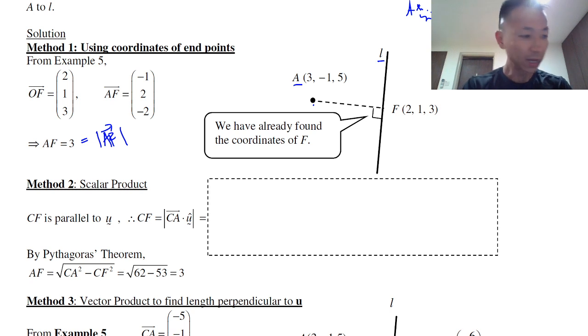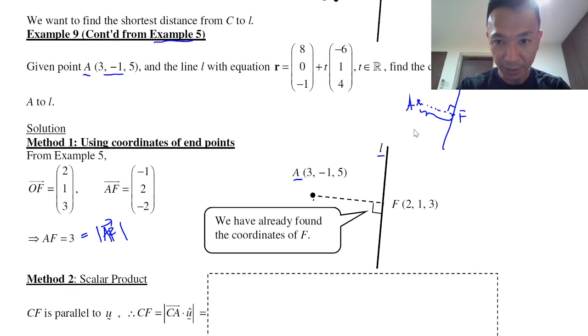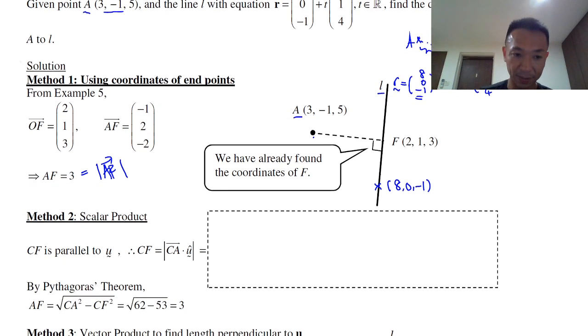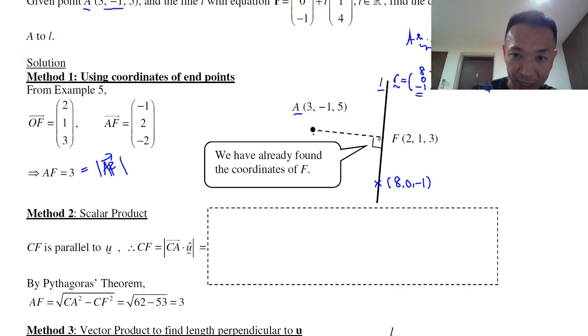I can find a point C. The equation of this line, maybe I write down r here, is r equals 8, 0, minus 1 plus t times minus 6, 1, 4. So 8, 0, minus 1 clearly lies on the line. I call this point C.